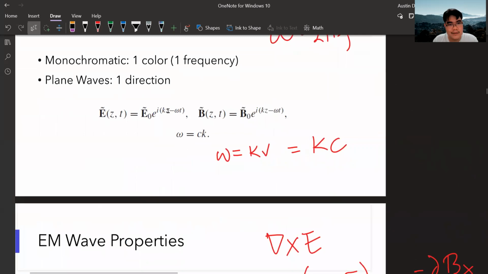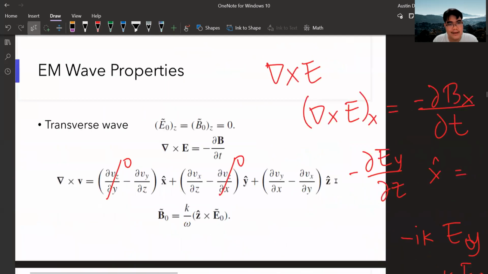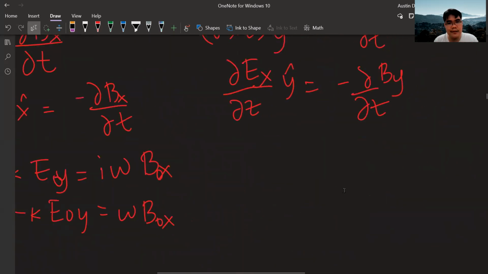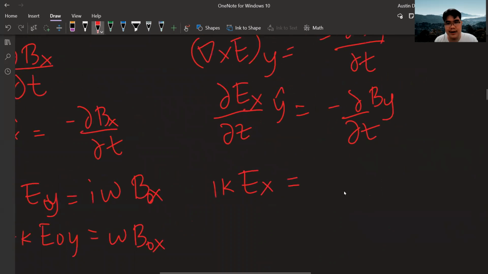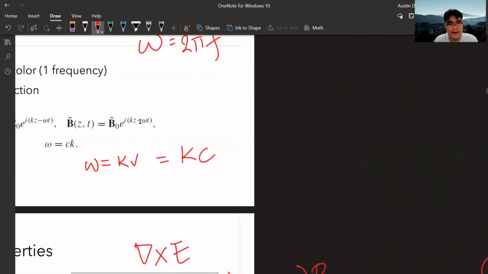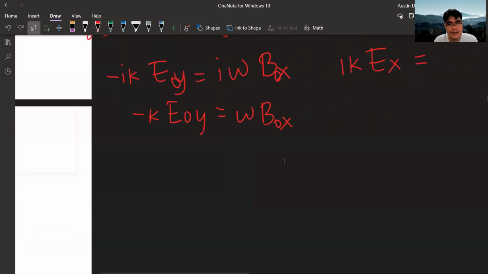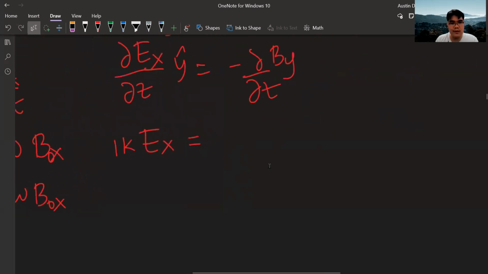So, matatapyasan lang yung ik, ik e raised to x, Ex. Tapos ito ay bababa lang, negative i omega t. So, this guy is i omega B1.